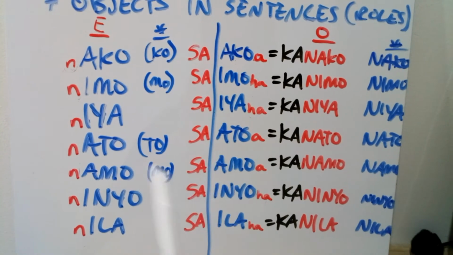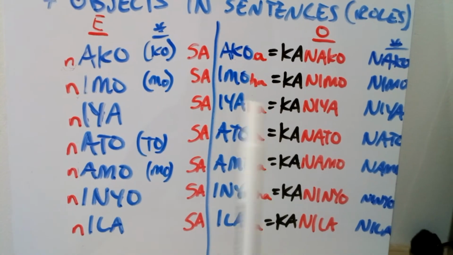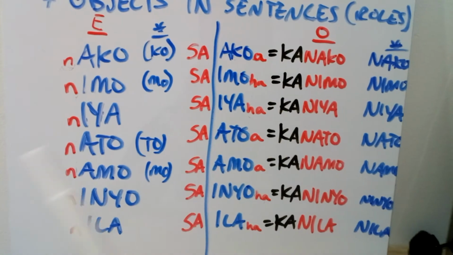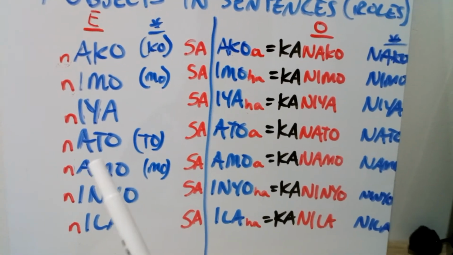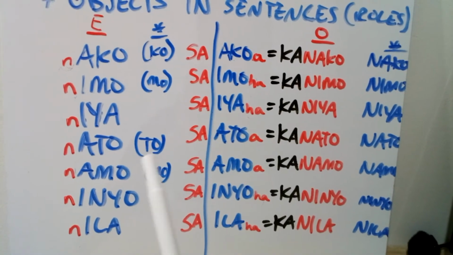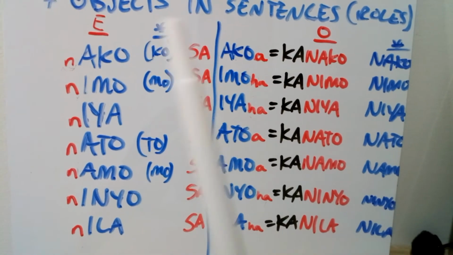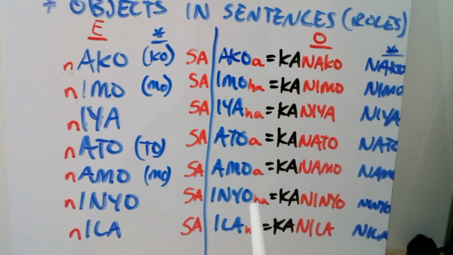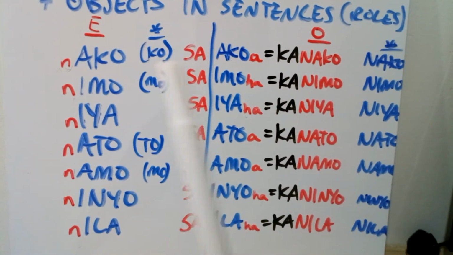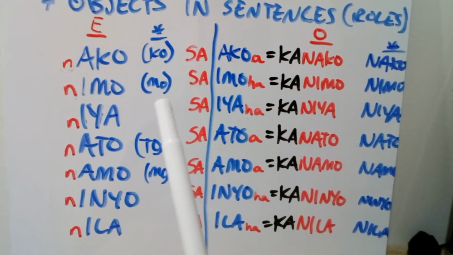That's why you need to know what's being done to where when a sentence comes into full play, because there are going to be times where you get it confused and you don't understand which is what. So it's imperative that you know these by heart, everything by heart. But yes, ergative will have ko and mo.